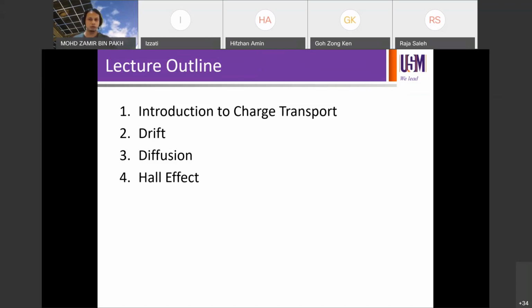We're going to look into drift as the first carrier transport mode. The second one would be diffusion. And we're also going to look into the Hall effect, which is a method to characterize the carrier transport in our semiconductor material.